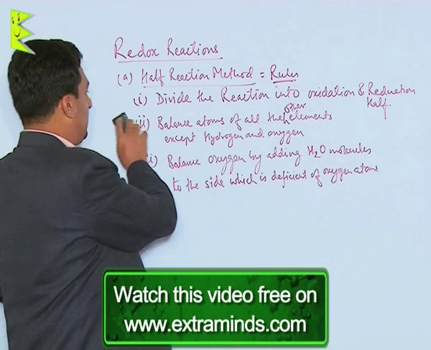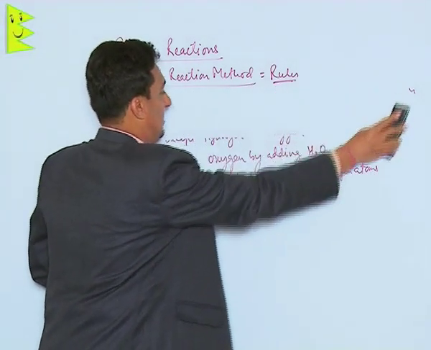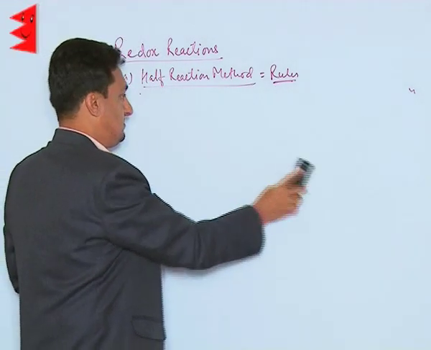Now, the fourth rule is regarding the balancing of hydrogen.